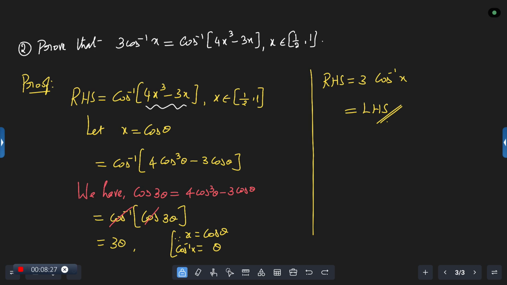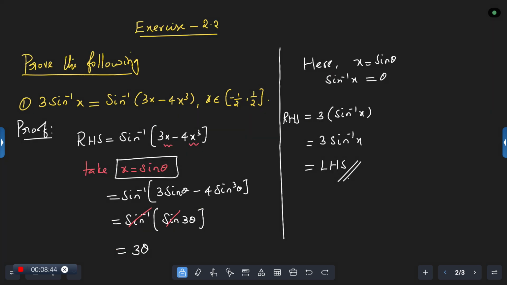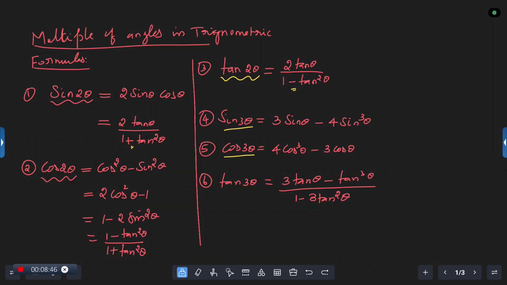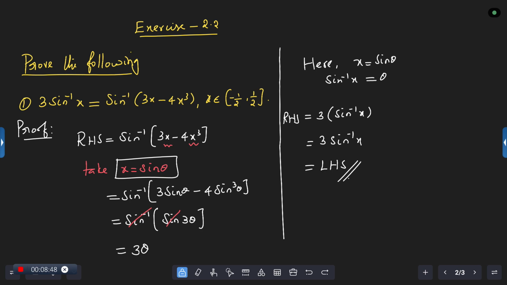Okay. So when the multiple of angle is inside cos inverse, the inside should be in terms of cos. That's why we are assigning x equal to cos. The same as the previous sum. In the first sum, the inside was also 3x, so it looks like this.